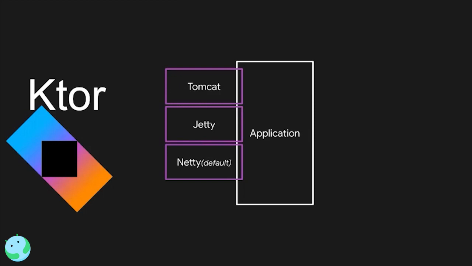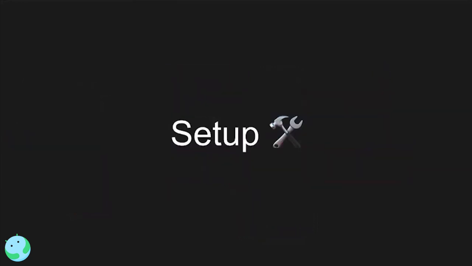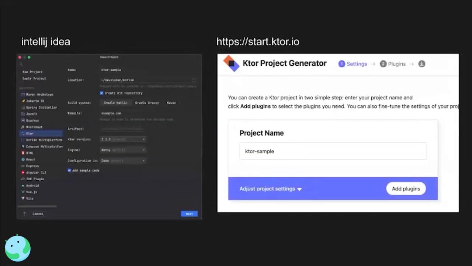We can also install a plugin to handle authentication, and we can install content negotiation that we will use for serialization and deserialization of content. We can also use external libraries with Ktor, like Exposed, which is an ORM framework to work with databases.